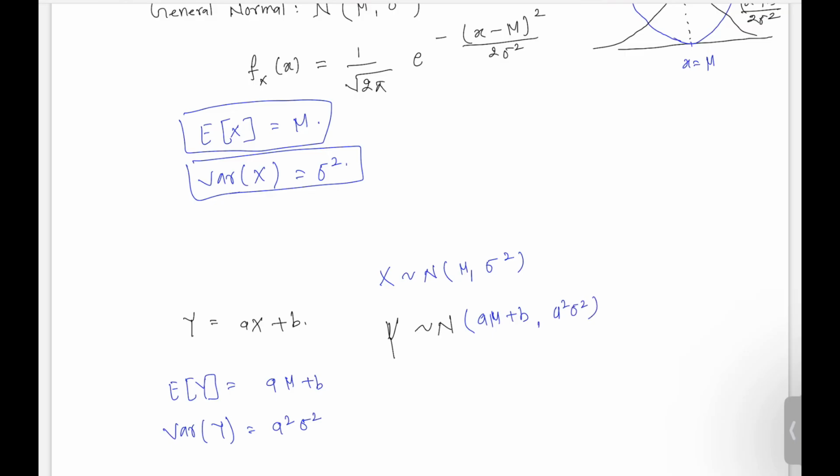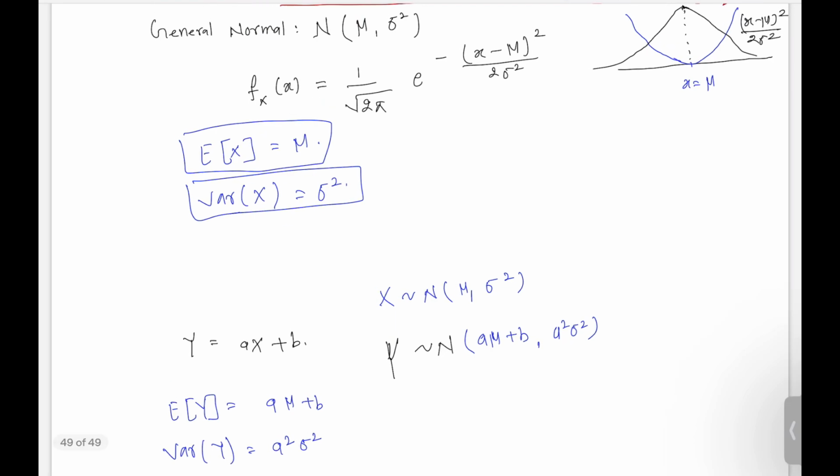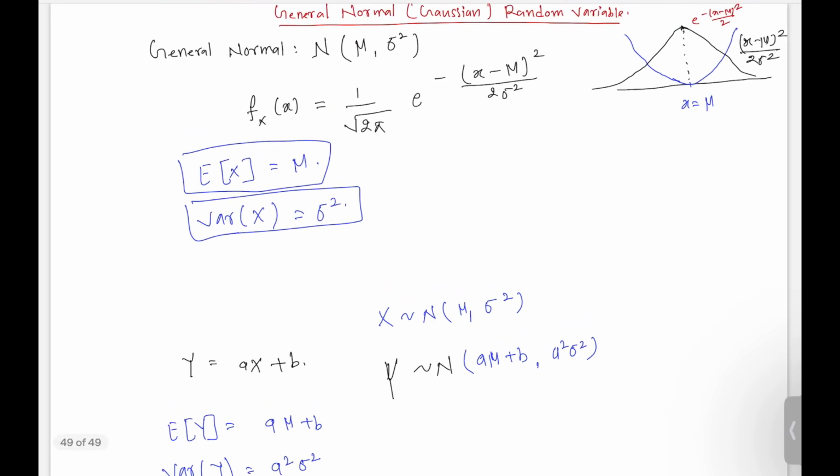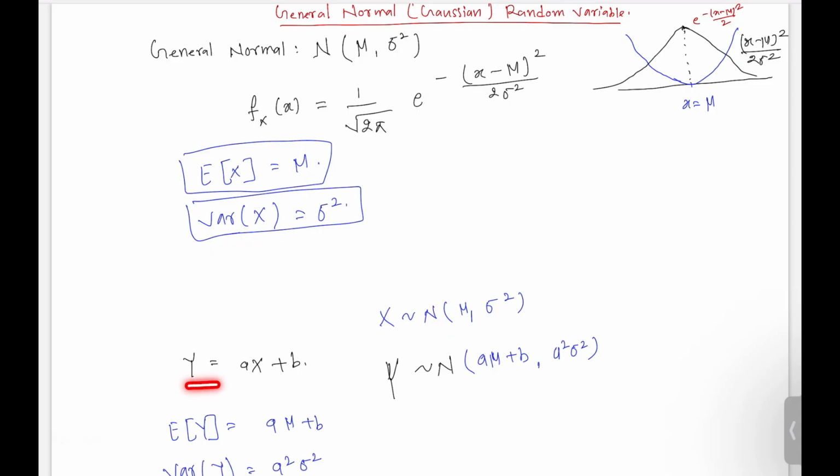So the overall point is that the shape of the distribution, the PDF, is still preserved, right? Even if you are doing linear operations on a normal or Gaussian random variable, a linear function of a normal random variable is still normal.